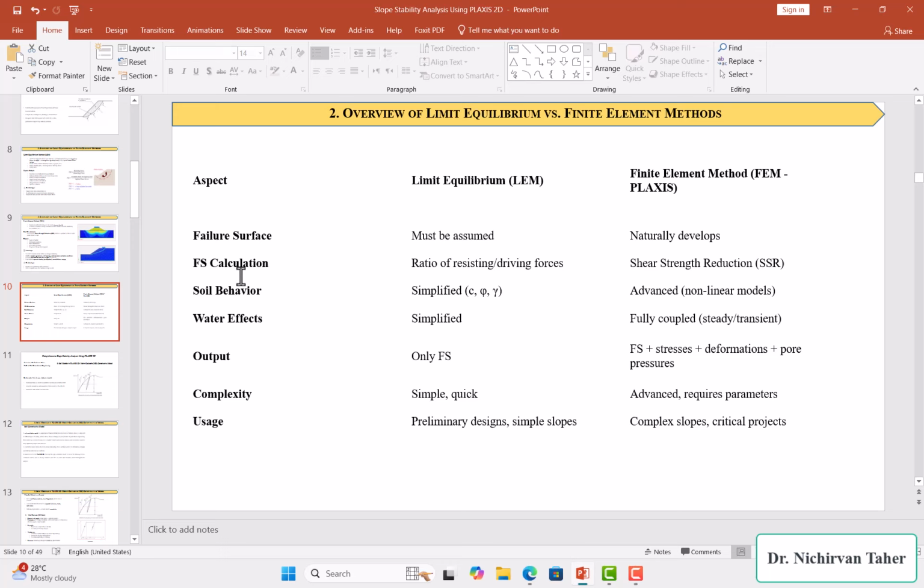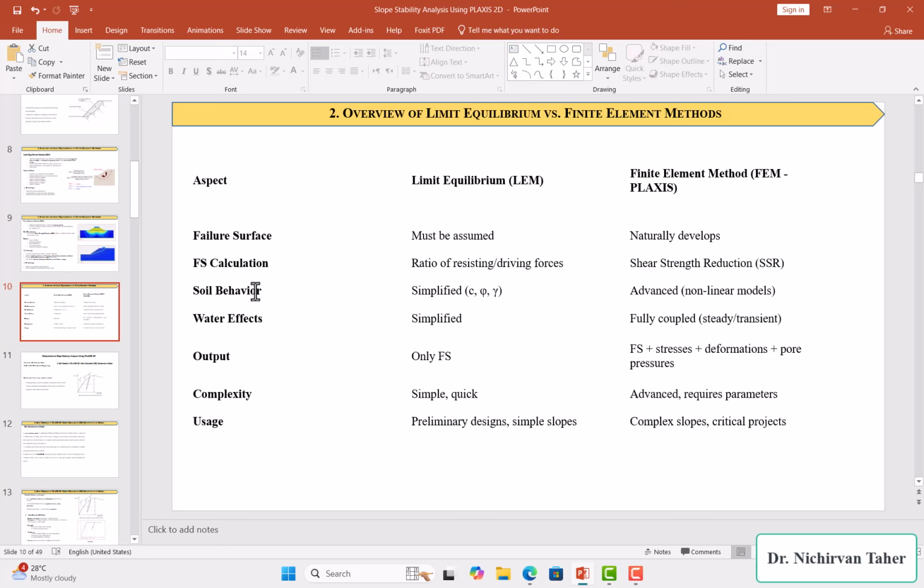For the factor of safety calculation, in the limit equilibrium method, it's equal to the ratio of resisting force divided by driving force, but in the finite element method, it's calculated by the shear strength reduction method. We will explain this method in a separate tutorial as well.